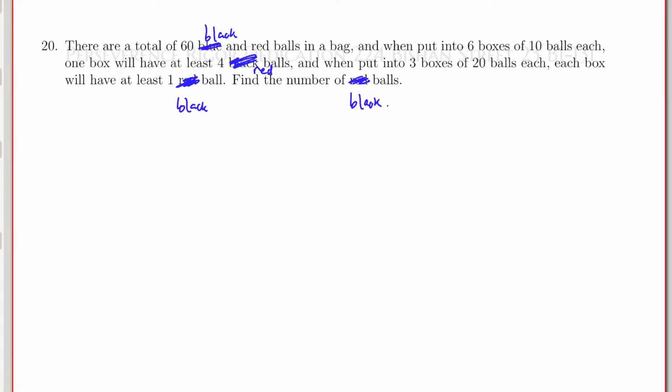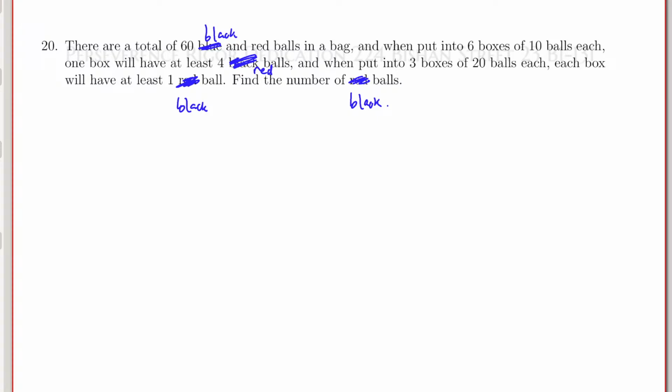Wait, let me see. One ball with at least 4 red balls. Okay, let me see if I understood the question correctly. Just give me a moment. Okay, so let's take a look at the second condition.